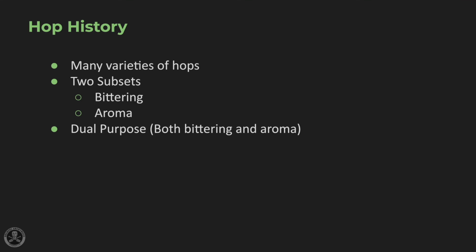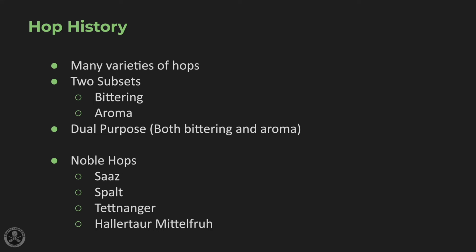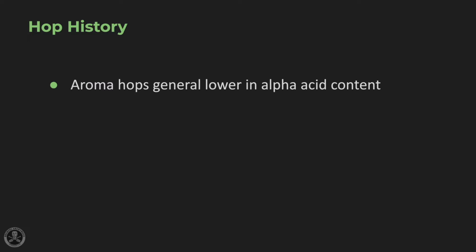Historically, there's been a selection of hops most desired for their aromatic and subtle bitter properties, and they're referred to as noble hops. The noble hops include Saaz, Spalt, Tettnanger, and Hallertauer Mittelfruh. Now, taking a look at aroma hops. Aroma hops are generally lower in alpha acid content while contributing desirable flavors and aromas.